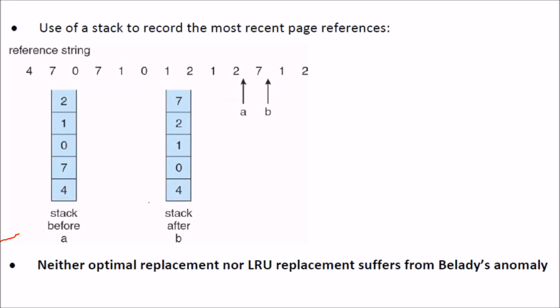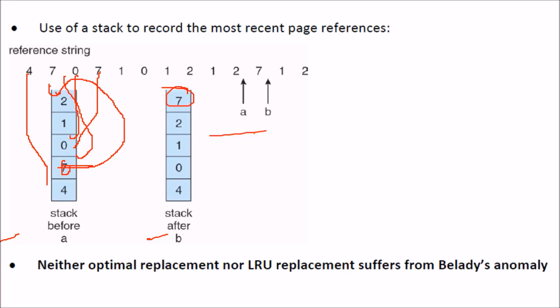This is the stack after B. Whenever a page is referenced, say 4 is referenced, then 7, then 0, then 7 has come again. When 7 has come, we have to take it out, or you can say in terms of stack, we do push and pop. So we will pop it out and put it on the top. This is recently used. This is how it is done.